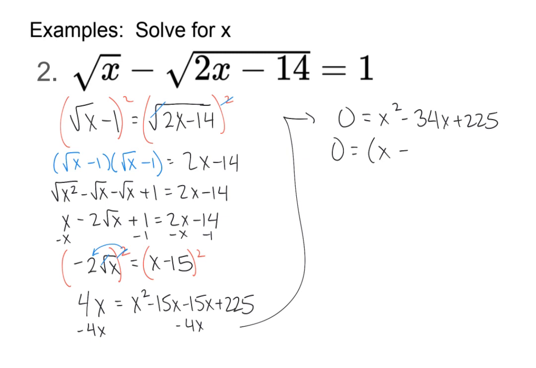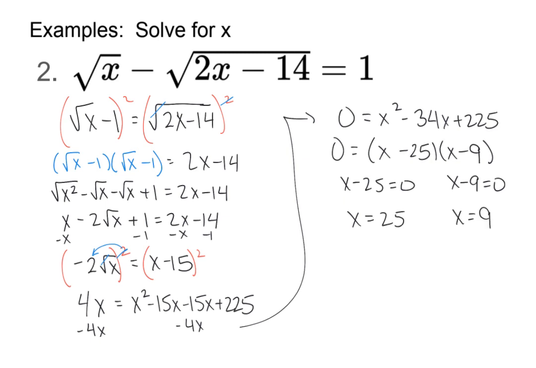I know they're both minuses. Let's see, multiplying to 225 but adding to 34. How about 25 times 9? I think that would do it. So then we set each of those equal to 0. And I would get x is 25 and or 9.